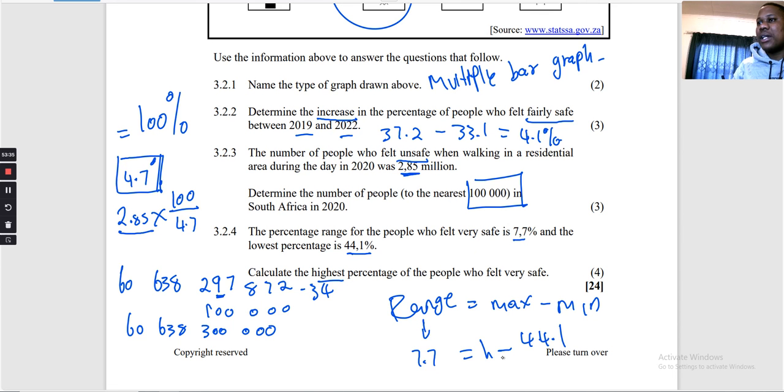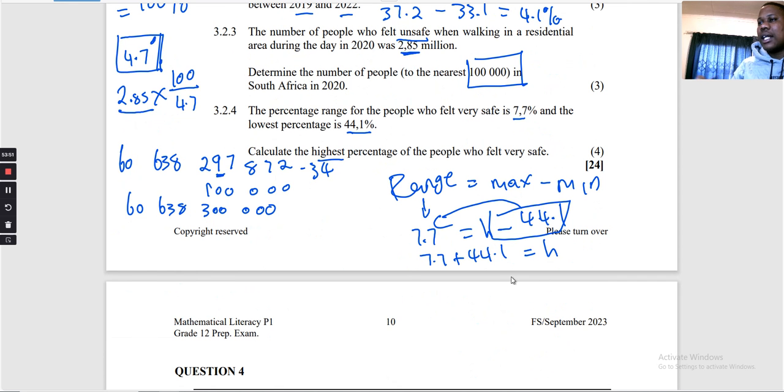So we are looking for H, but now we need to get rid of this. When we transpose the negative 44.1, it's going to be 7.7 plus 44.1 is equal to the highest value. So our highest value is going to be 51.8%, and that is going to be our highest value there.